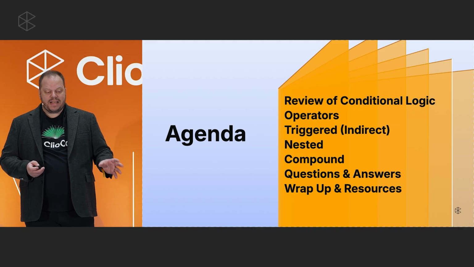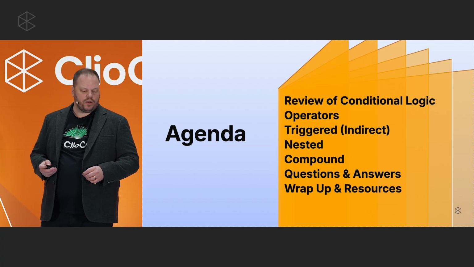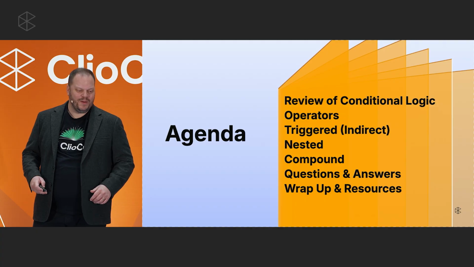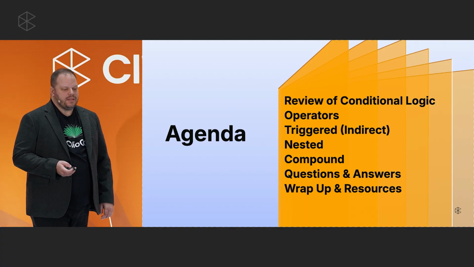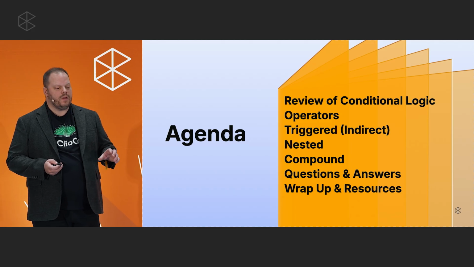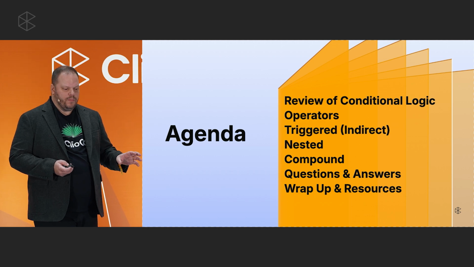We'll then talk about nested conditional logic, and we will see how conditional logic works within conditions nested one in another. We will discuss compound conditional logic, and how compound conditional logic can work in conjunction with triggers and nested logic as well.